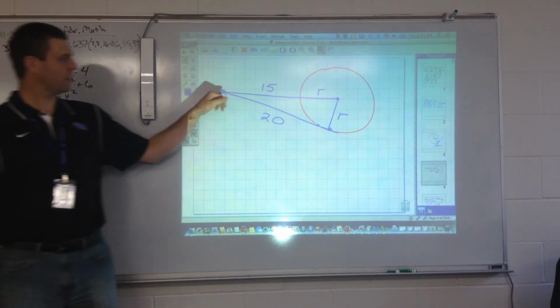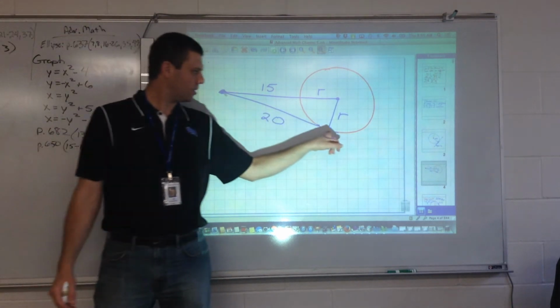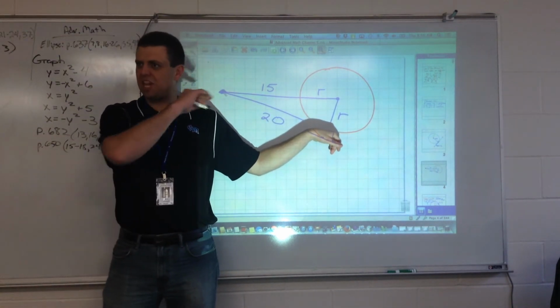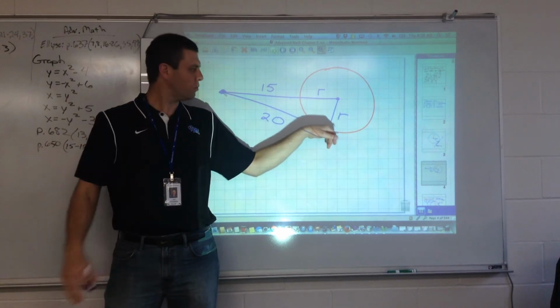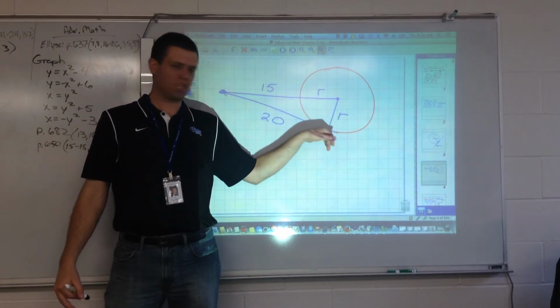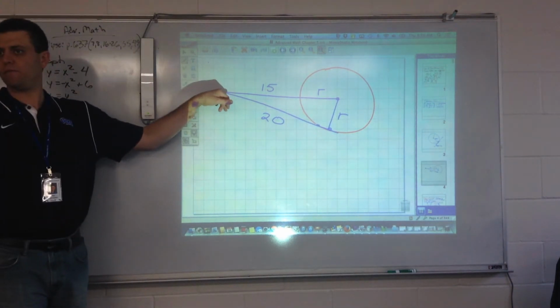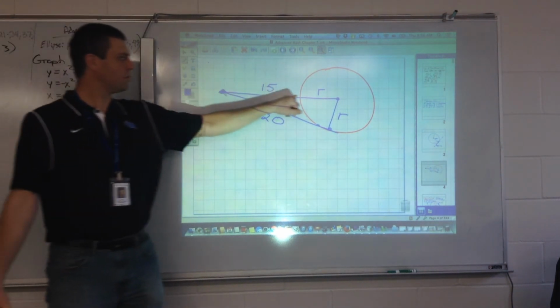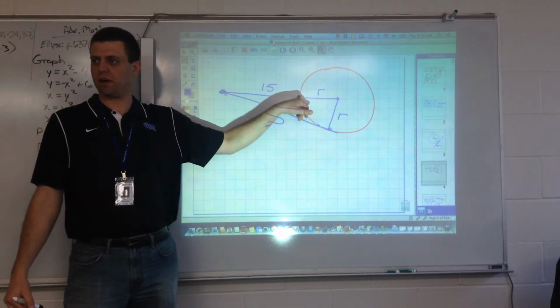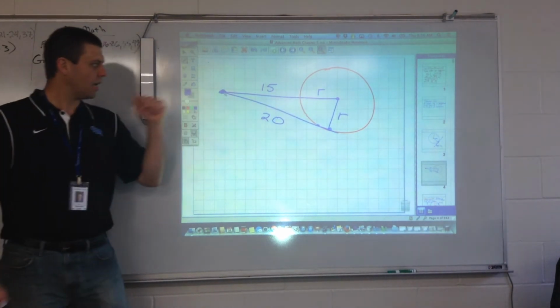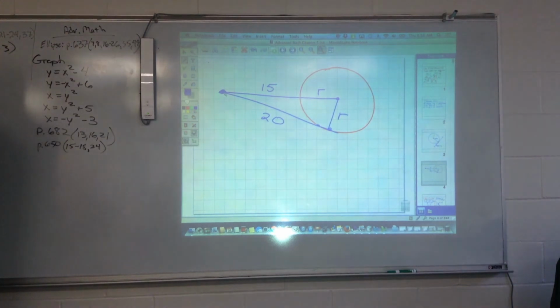But if I could calculate the distance from where I'm at to where my tangent line would just intersect the edge of the planet, and then figure out the exact length, again, to the edge of the planet right here, I think I could figure out the radius of that planet.